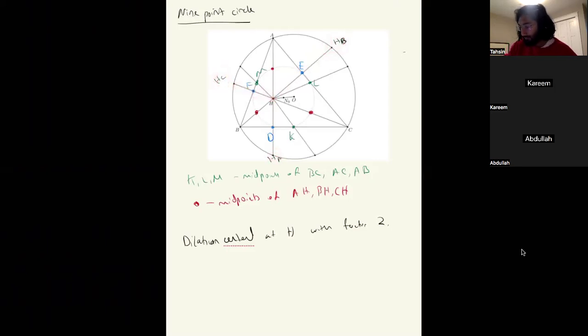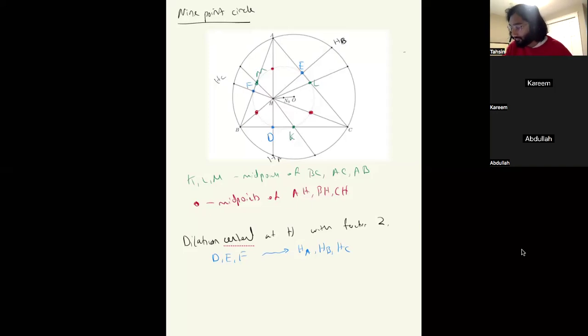Does that make sense? So the first claim is that under this dilation, D, E, and F will become HA, HB, and HC. Does that make sense? Yeah, because A, B, and C are reflections. That's right. It's just a restatement of this reflection property.